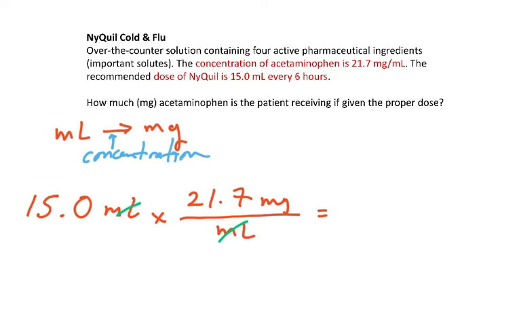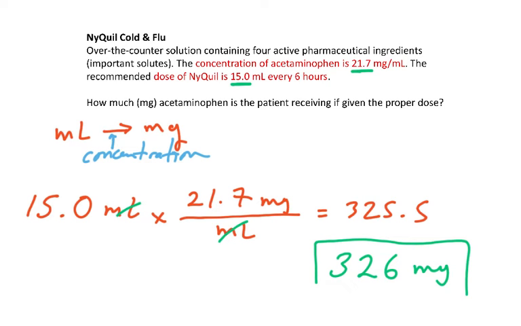And my calculator says 325.5. But remember, calculators don't know anything about significant figures, so we have to do this work for ourselves. We see 3 sig figs here and 3 here, and we also have to add the units. So the final answer would be 326 milligrams of acetaminophen.